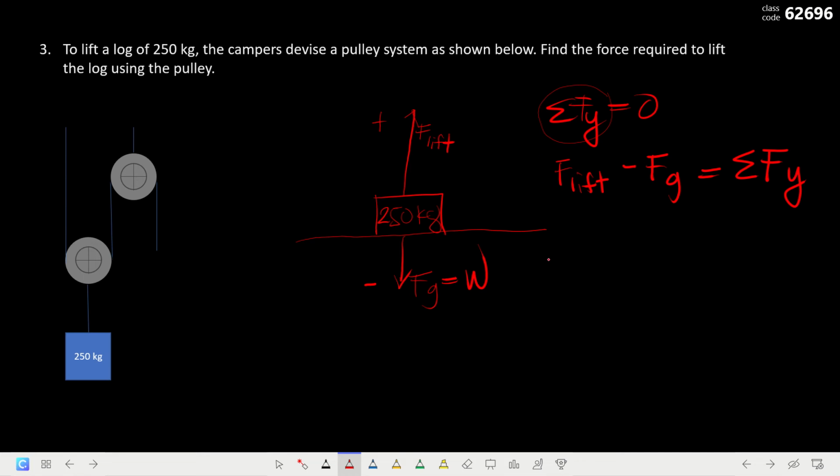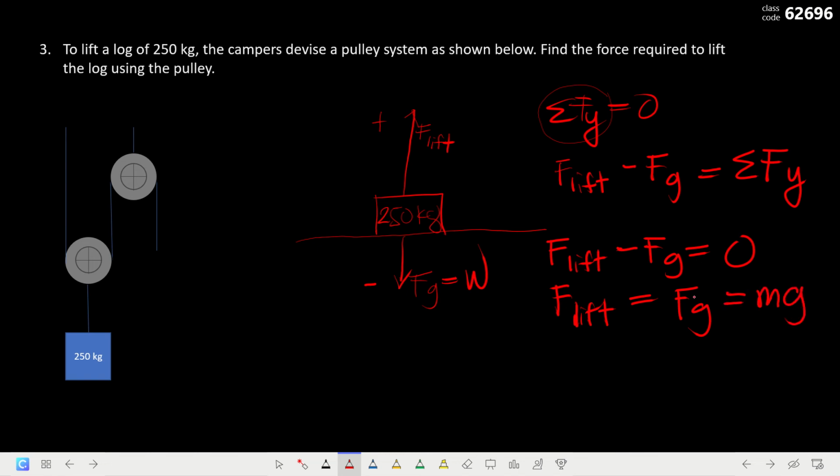Let's now substitute this term with this equation, so that we have force of lift minus force due to gravity is equal to 0. To solve for the force of lift, we just transpose this to the other side of the equation. So the force of lift is equal to the force of gravity, which we get by multiplying the mass times the acceleration due to gravity. Let us now substitute the given values.